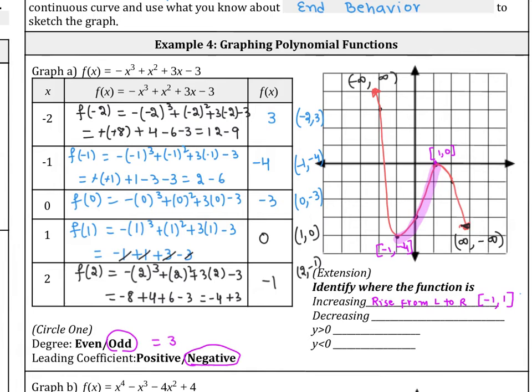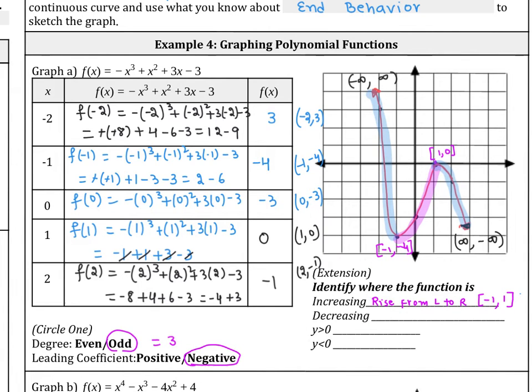So I see two curves here. I see this one is falling from left to right, and I see this one falling from left to right. This curve is falling from left to right, and from x value -infinity to x value -1.